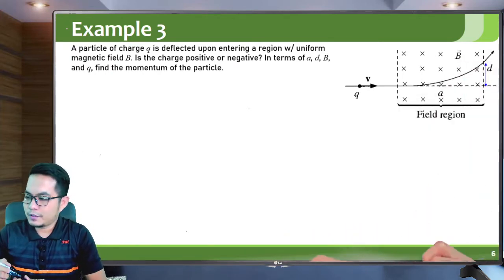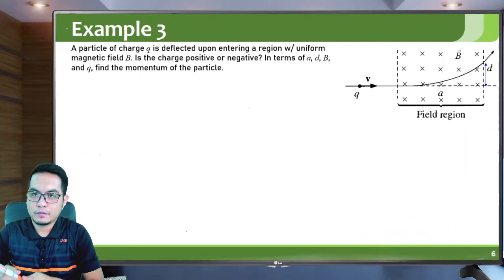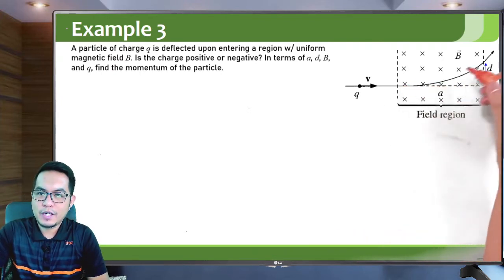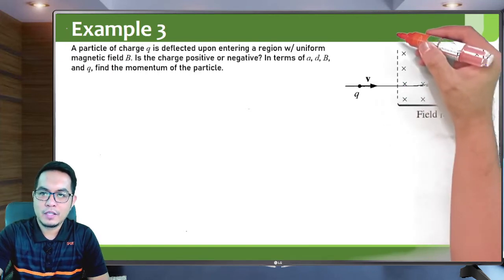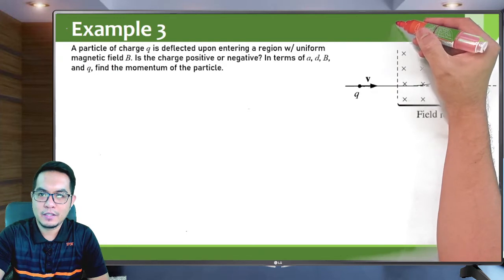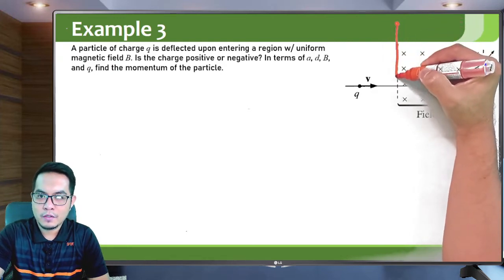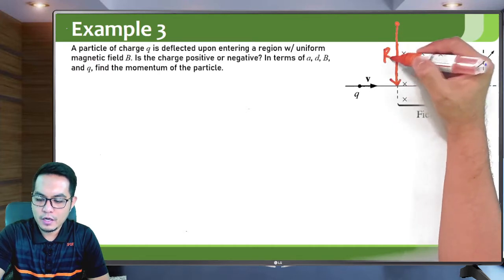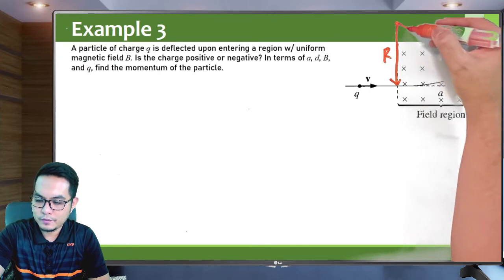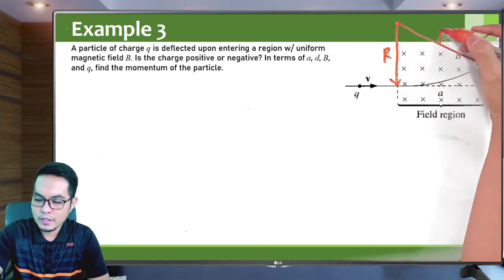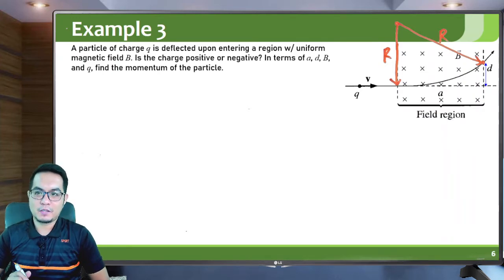So take note that this curvature here is actually a circular curvature, and it has a center here. So the distance to here, this is R, and the distance to here, that's also R, since that is a part of a circle.